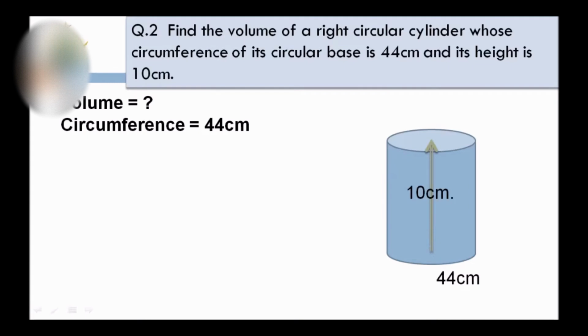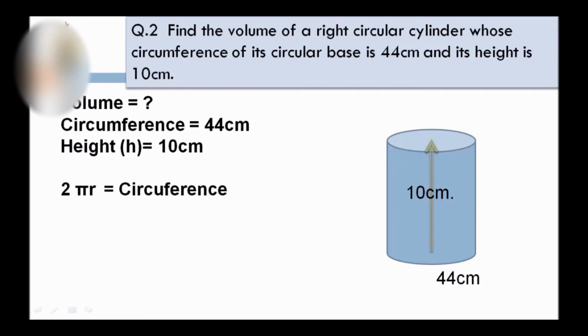We already know that circumference is the circular distance around the object. Height is 10 centimeter. First, we will calculate radius because in formula we have radius.